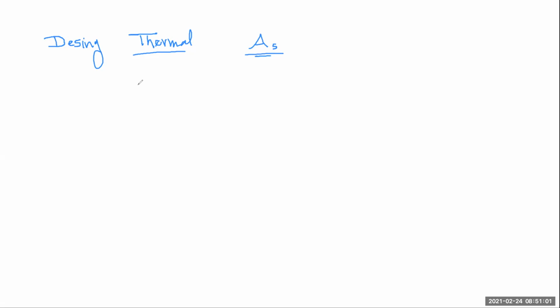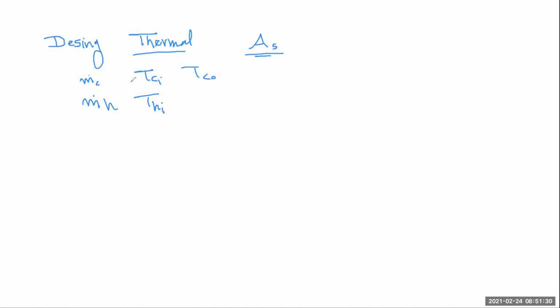So I'm talking about designing a heat exchanger that would heat a certain fluid with a mass flow rate, for example, from T cold in to T cold out. In order to do that, I'm using a hot fluid with a certain temperature T hot in. Or I need to cool down a fluid from T hot in to T hot out, and then I'm using a cold fluid of T cold in.